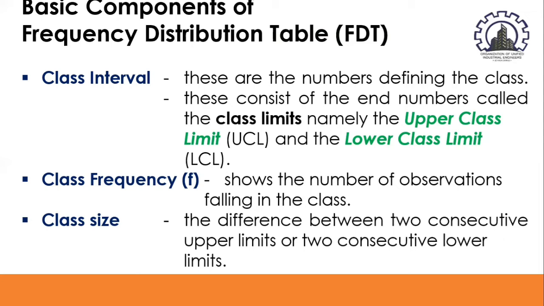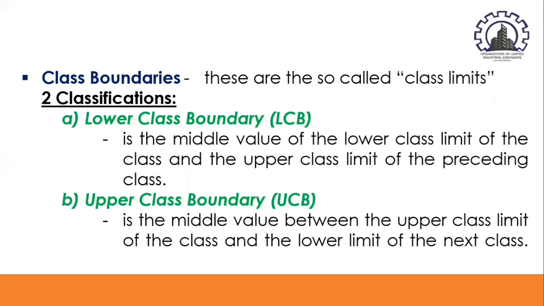And aside from that, we also have what we call class boundaries. And class boundaries, these are the so-called class limits. And also, this is classified into 2. We have the LCB or lower class boundary, and we also have the UCB or upper class boundary.